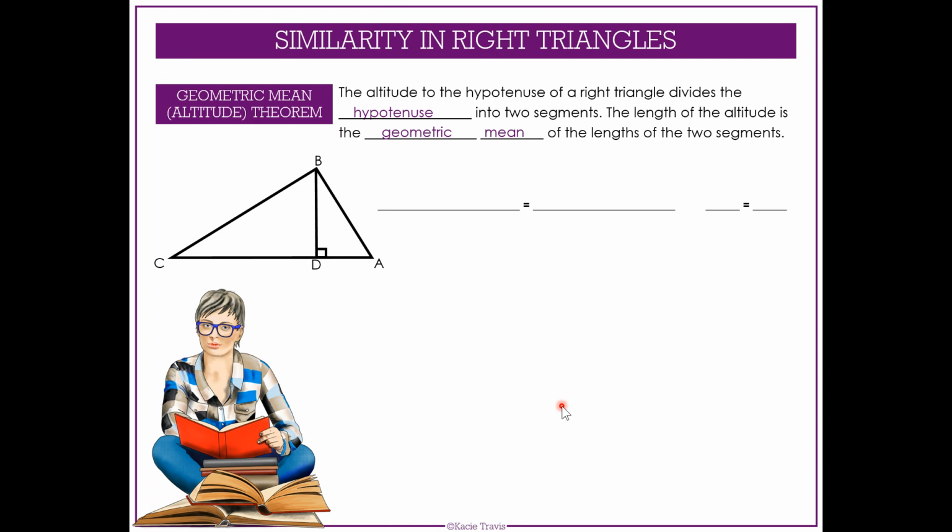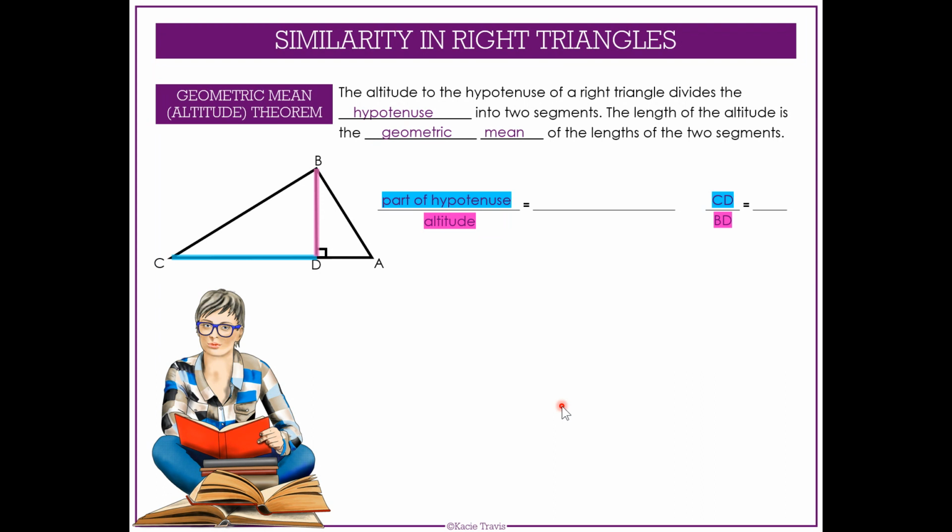So in this new little formula, we have these two sides here: CD, which is a part of the hypotenuse from the original shape, is going to be put over the altitude here, which is BD.